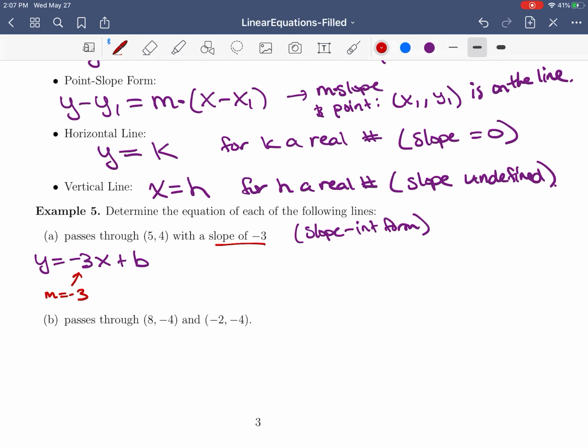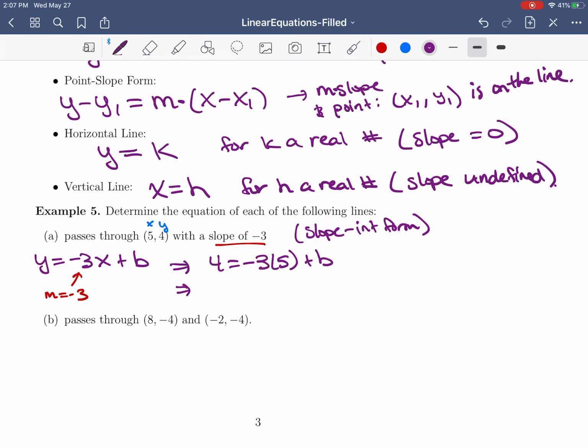Now what I want to do is this equation should be true for all points on the line. In particular, it has to be true for this point. So I'm going to have x is 5 and y is 4, and I'm going to plug those in. So 4 should equal negative 3 times 5 plus b.